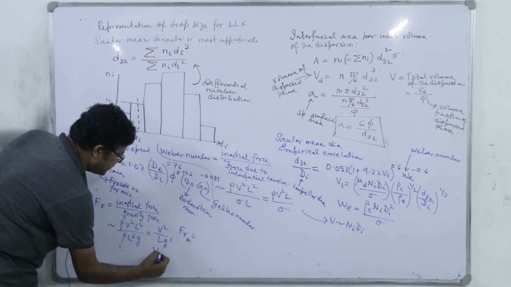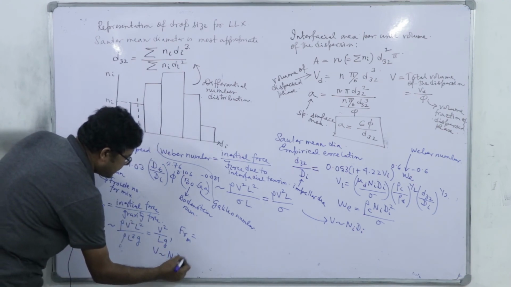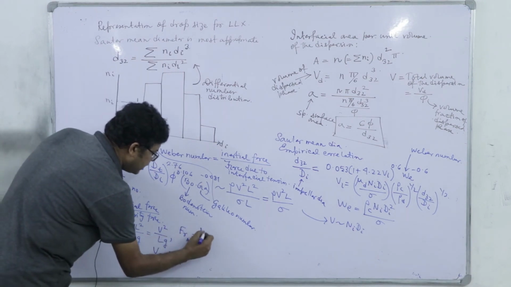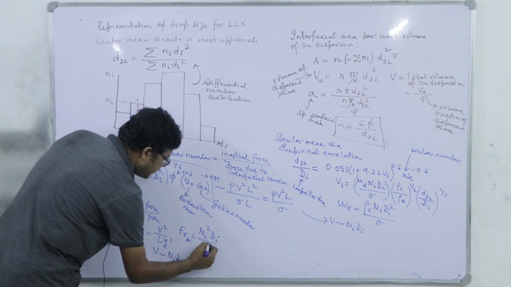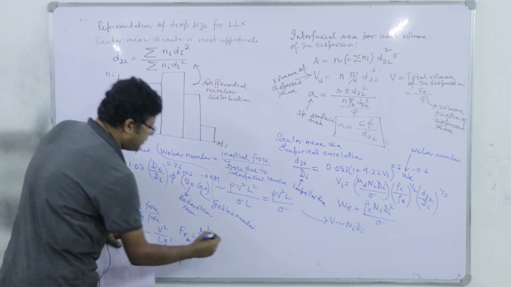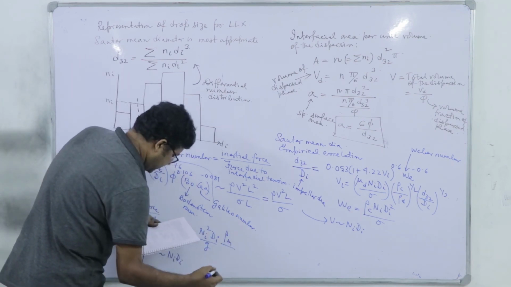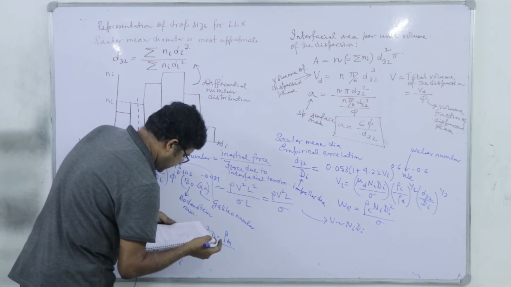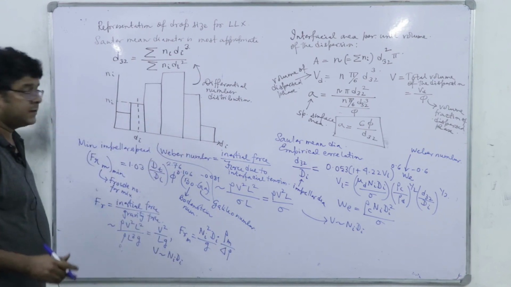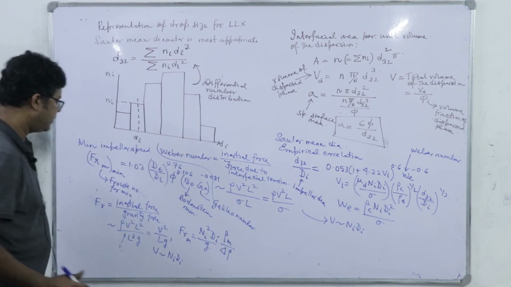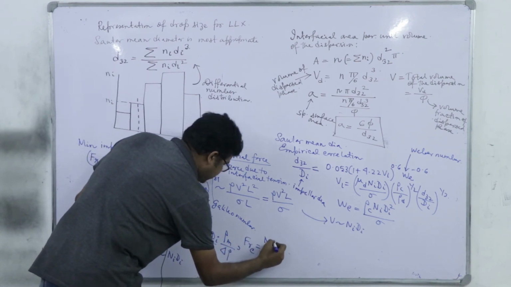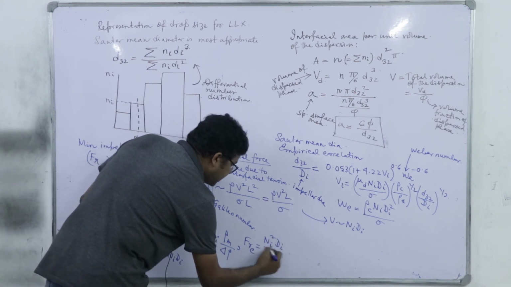See, for this present system again V is Ni di, so Ni square di square divided by di. So, it is Ni square di divided by g. Now, whenever we are transforming it for the mixture, we multiply it by rho mixture divided by the difference of density between continuous and the dispersed space, right. And similarly, we can also define Froude number for continuous phase, Ni square into di divided by g.